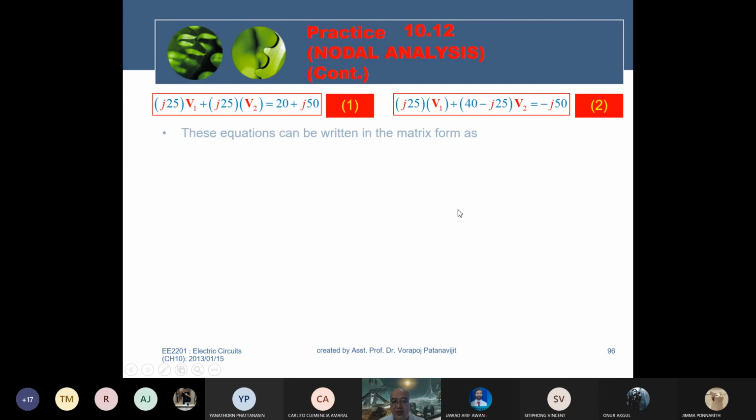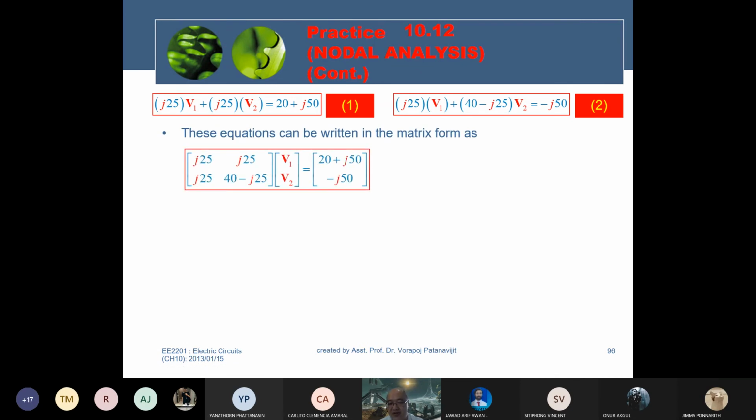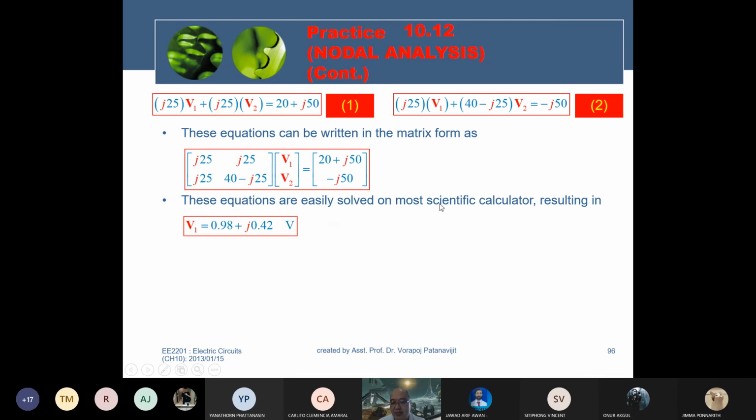You push them into the matrix. These equations can be written in matrix form as here, and are easily solved in most scientific calculators. You can use Cramer's rule and determinants. I don't show you the way to solve them again, it was already presented in the lecture part.